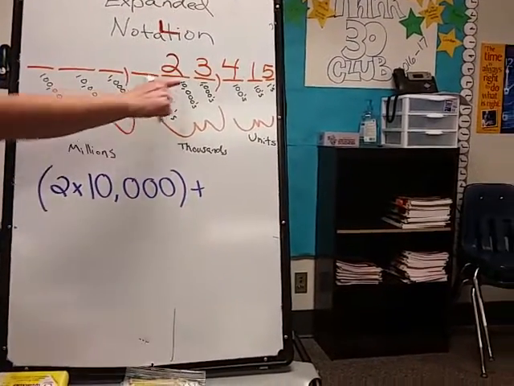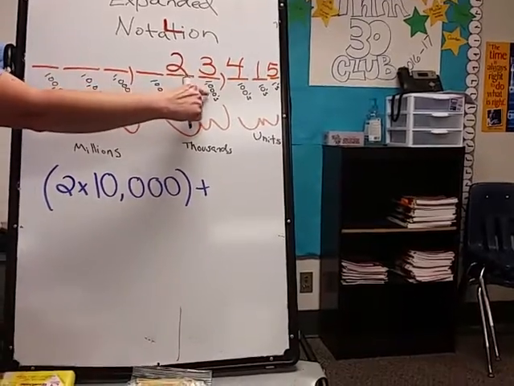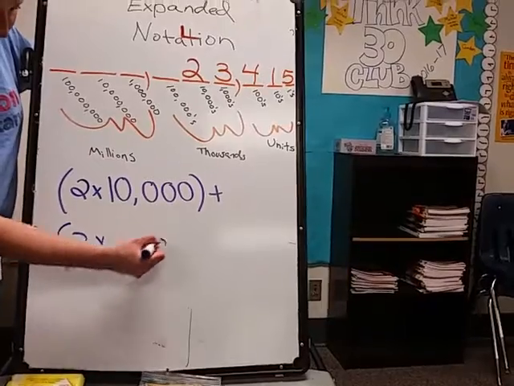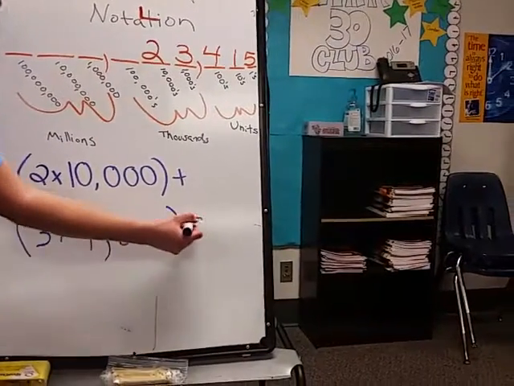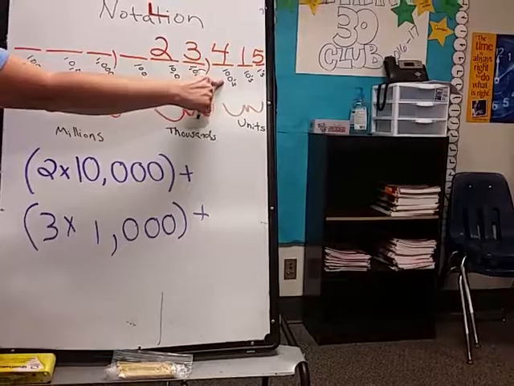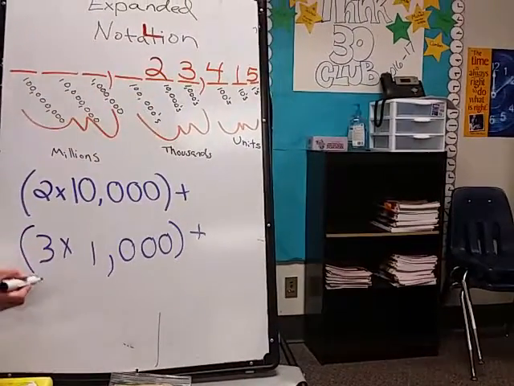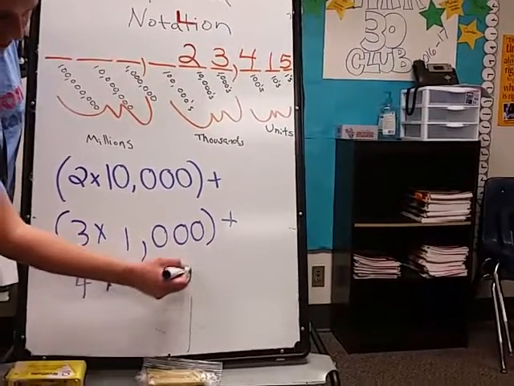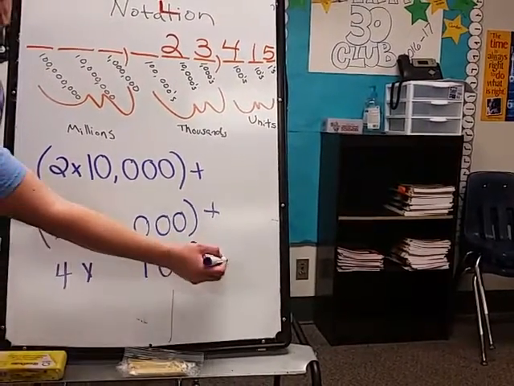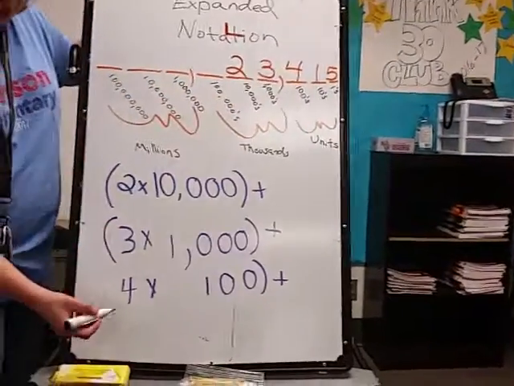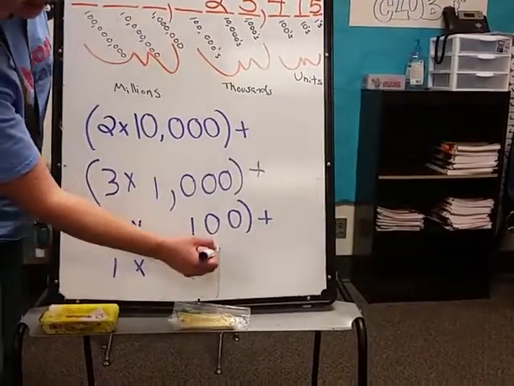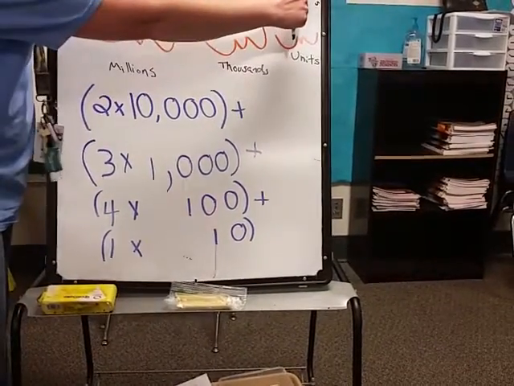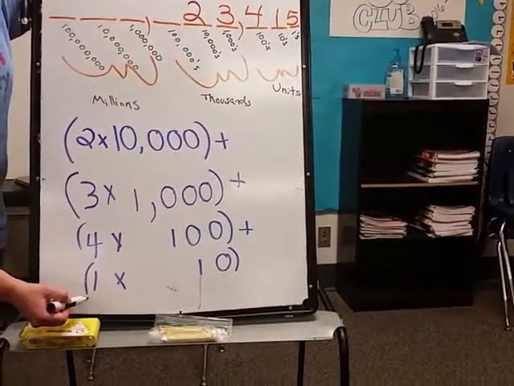plus, my next place is 3 in the thousands place, 3 times 1,000, plus 4, it's in the hundreds place, times 100, plus 1 is in the tens place, so I would do 1 times 10, and then 5 times 1, because 5 is in the ones place.